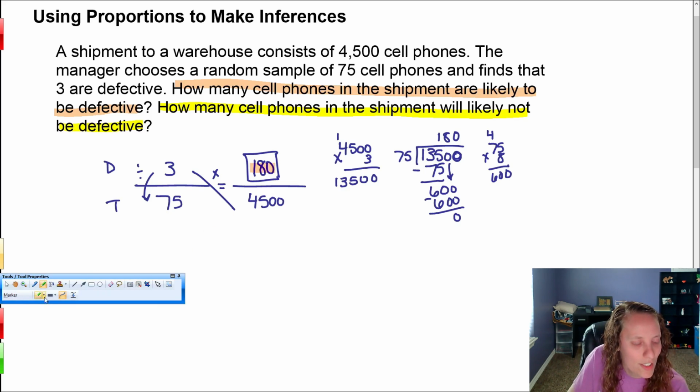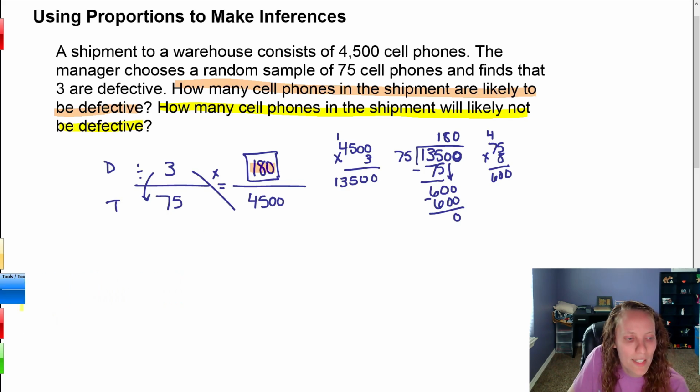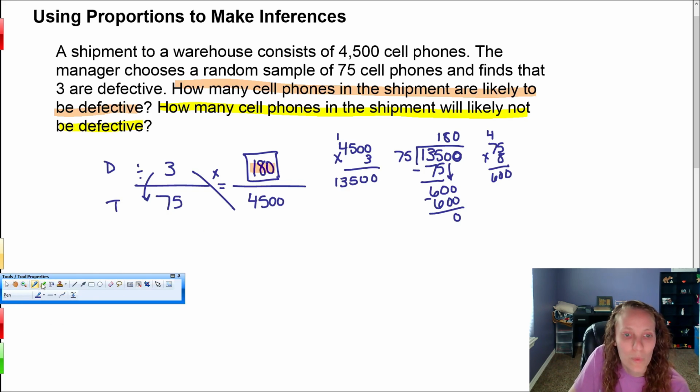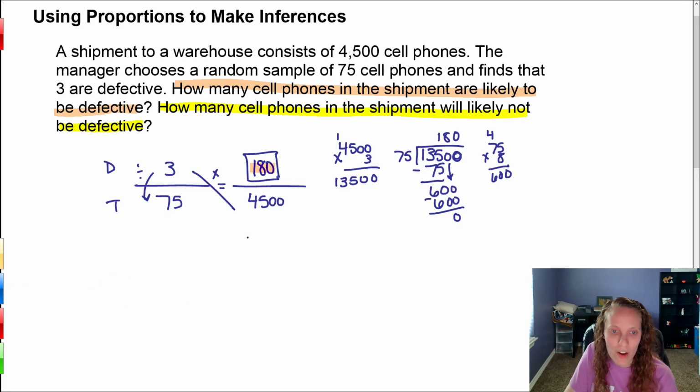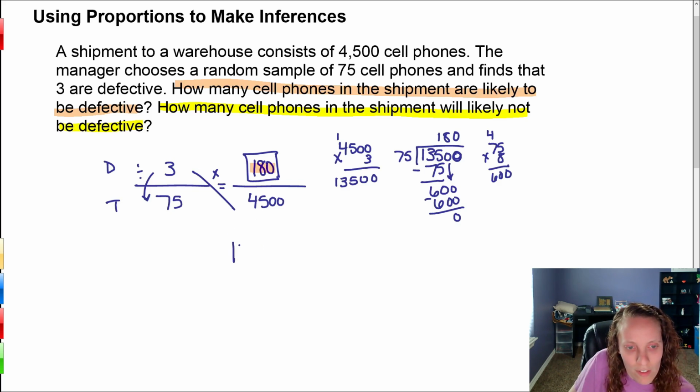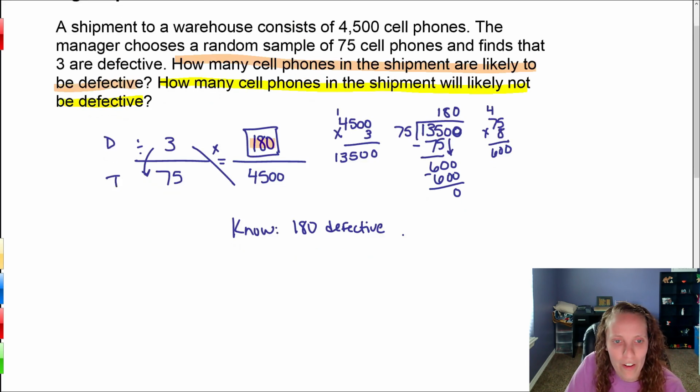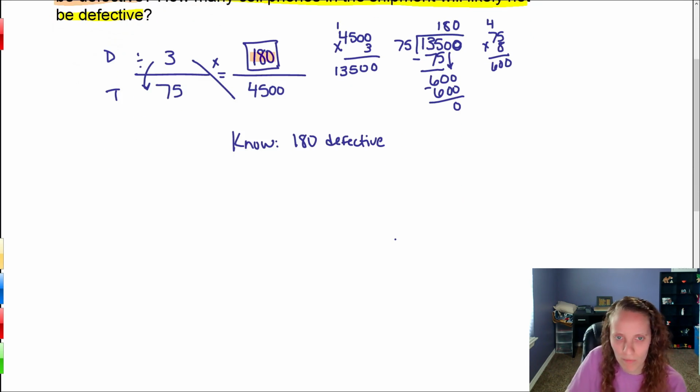Now the next question is basically asking how many would we expect would not be defective. Well, we know that we could expect 180 to be defective out of 4,500.